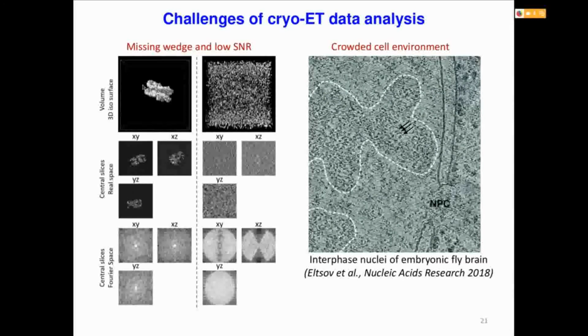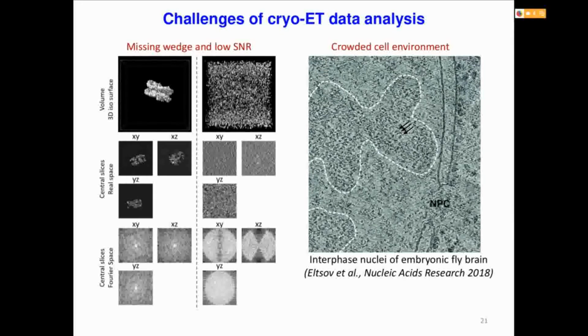So this is, for example, a 3D reconstruction without any noise. And here is the reconstruction with noise and the missing wedge, which is due to the maximal tilt angle in the microscope, that you see as missing data in the 3D Fourier space. So here you barely see the particle that you see clearly here.